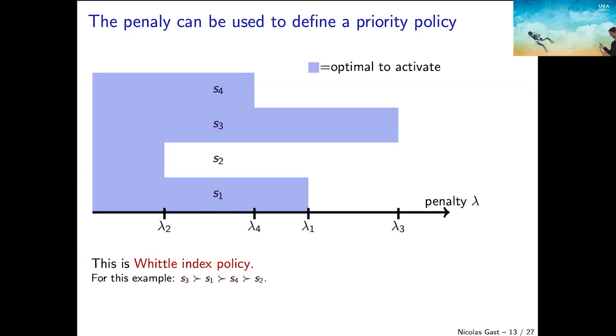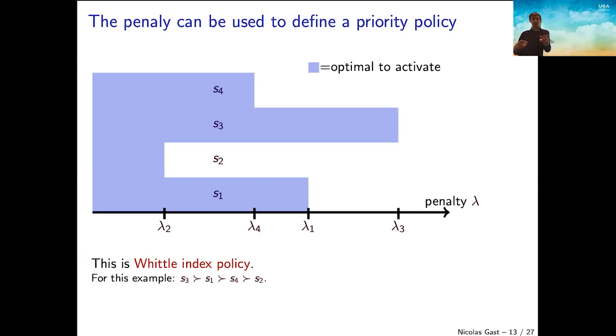You do that for all the states, and what you obtain is the index of the state. Here you see that the index for state 3 is larger than the index for state 1, larger than state 4, state 2, which means that you should activate first state 3, then state 1, then state 4, then state 2.